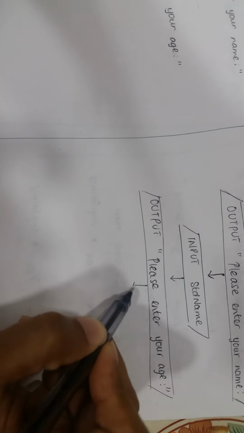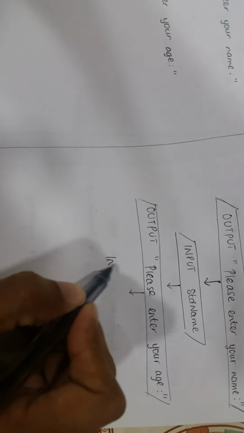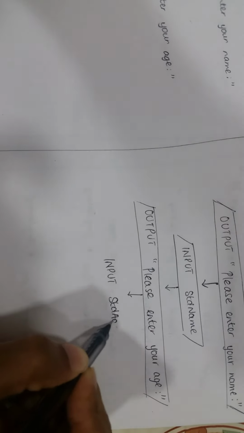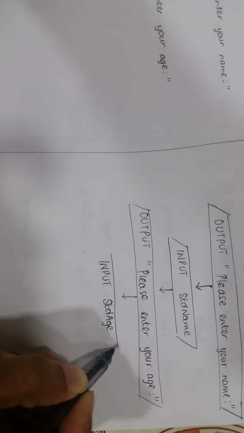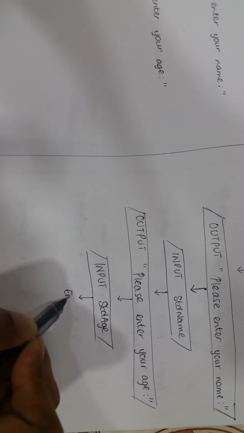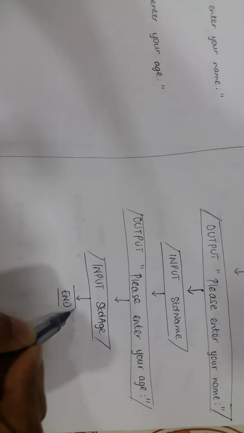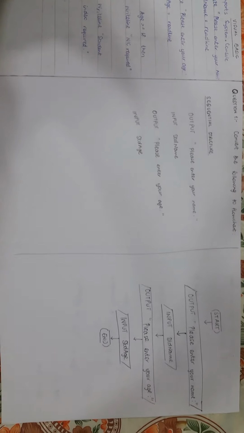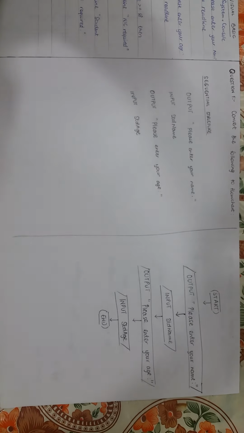So I am going to have only one outgoing arrow. And finally, I have input std age with one outgoing arrow here. So this is my flowchart for the first question.